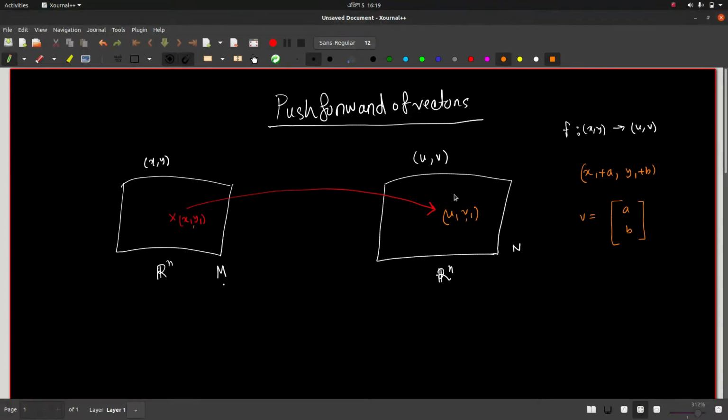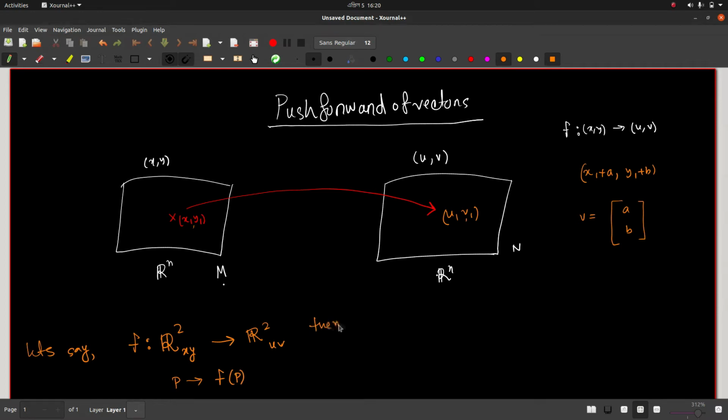So let's say we have some function that takes points from the xy manifold, which is a two-dimensional manifold, to some other manifold, which is also a two-dimensional manifold, and each point gets mapped with this function.